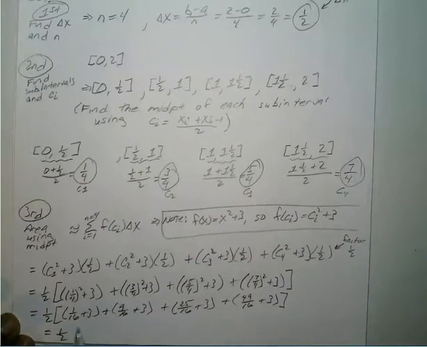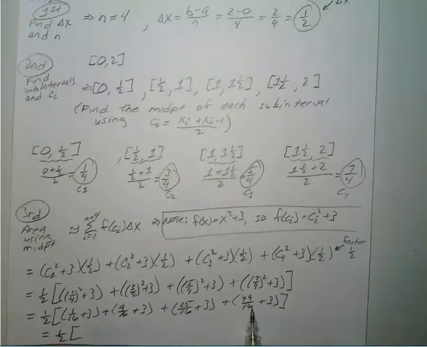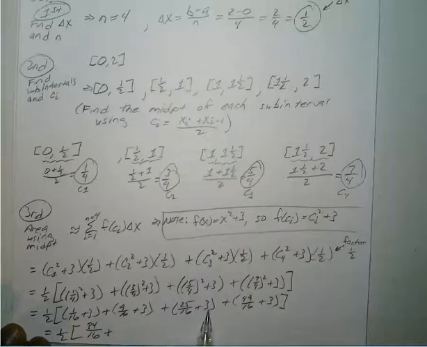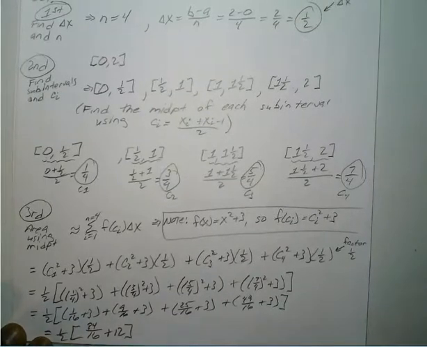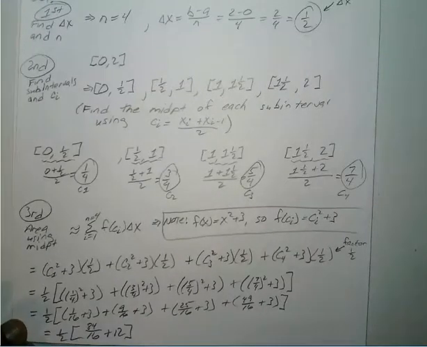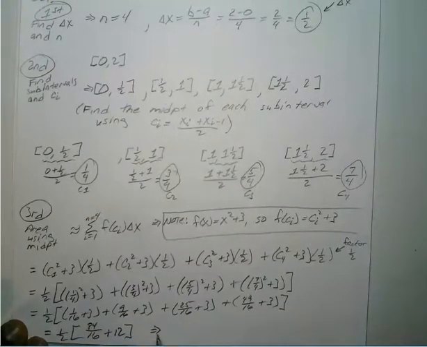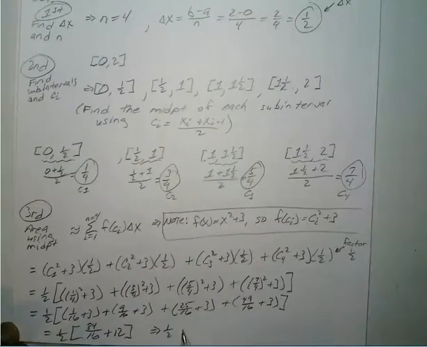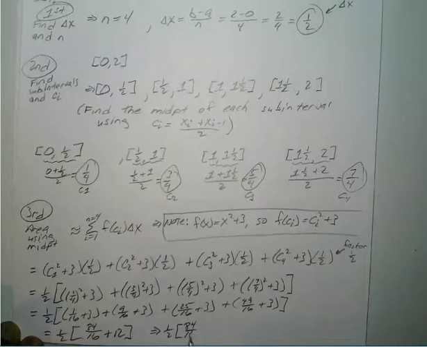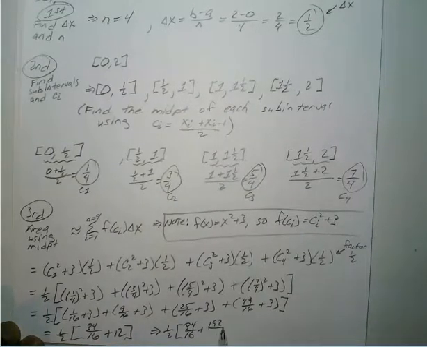So we have 1/2 times 49/16 plus 25/16 plus 9/16 plus 1/16, which is 84/16, plus 3, 6, 9, 12. Okay, if we want to combine these two, we get a common denominator. So that's 1/2 times 84/16 plus 192/16.